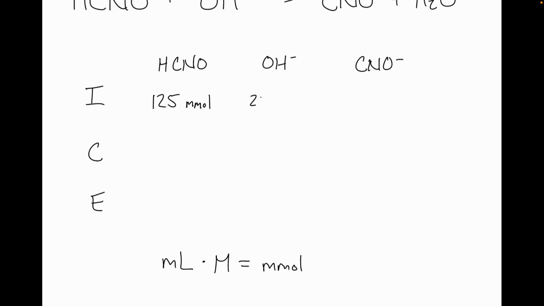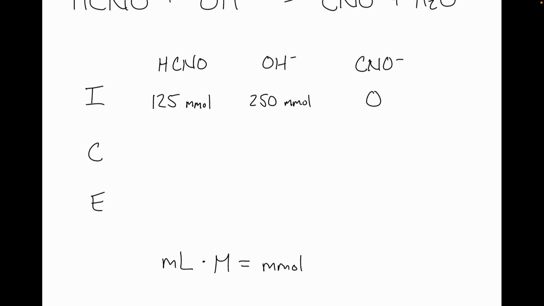All right, so that's 250 millimoles. So if I'm going to combine 125 millimoles of weak acid and 250 millimoles of my strong base, how much reaction am I going to see occurring here? How much of that 125 millimoles of weak acid are going to be consumed? All of it, right? Now that's my limiting.